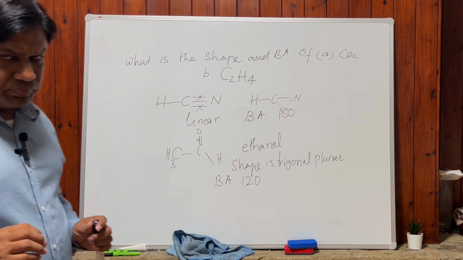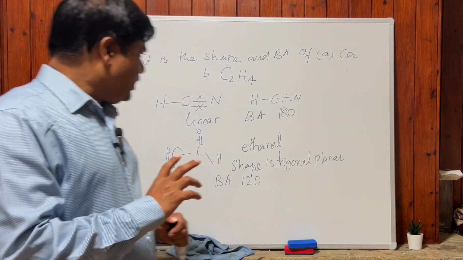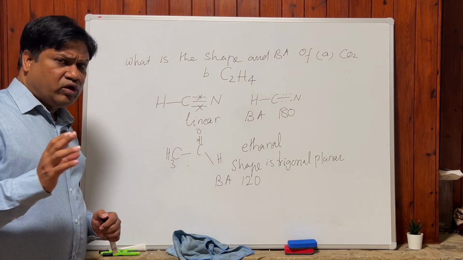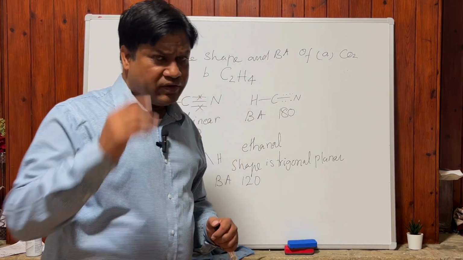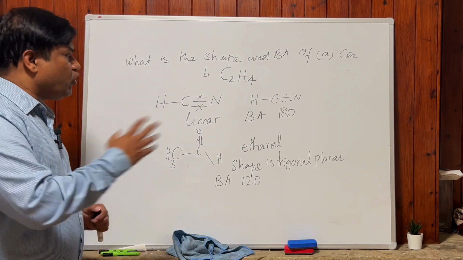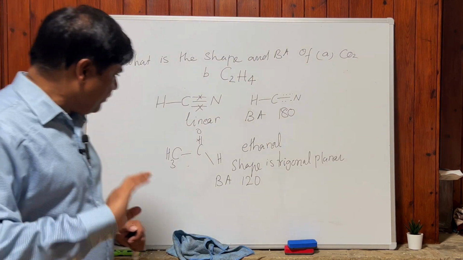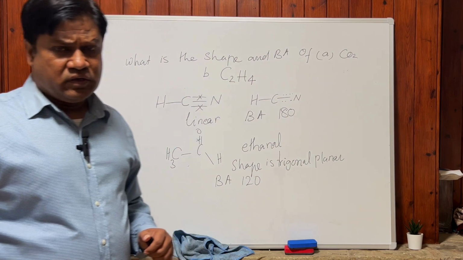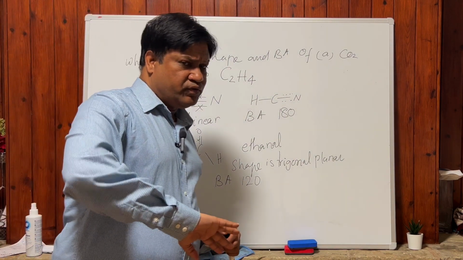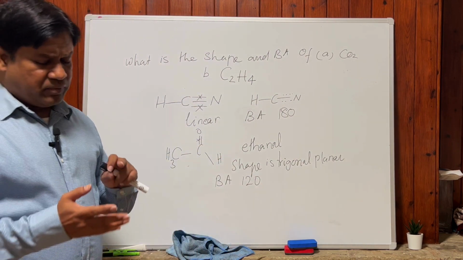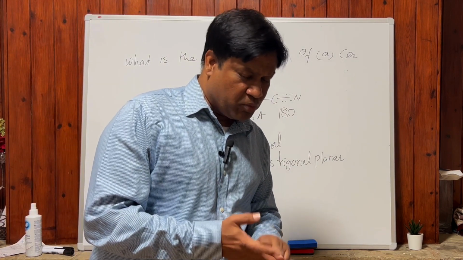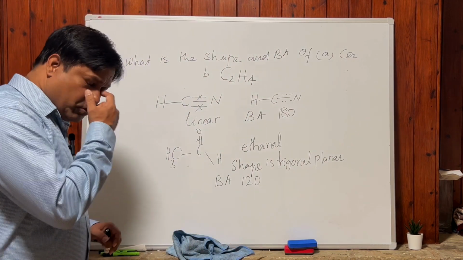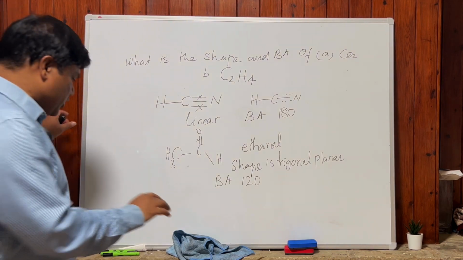Now some special categories, which are not following the normal trend, like a trend meaning group 4 element, group 5 element, group 6 element, and I have done the group 3 element, some specific shapes.